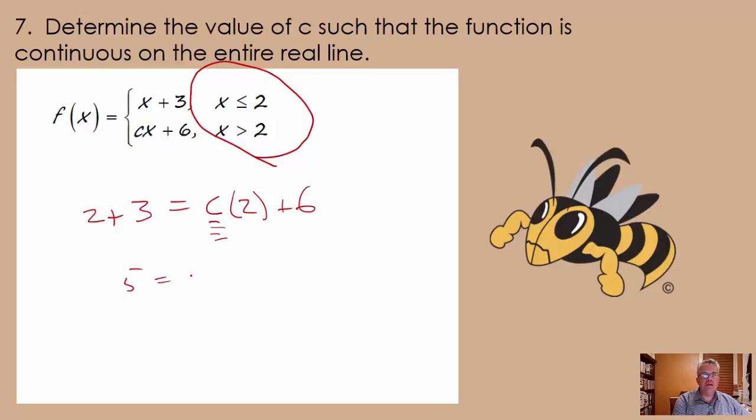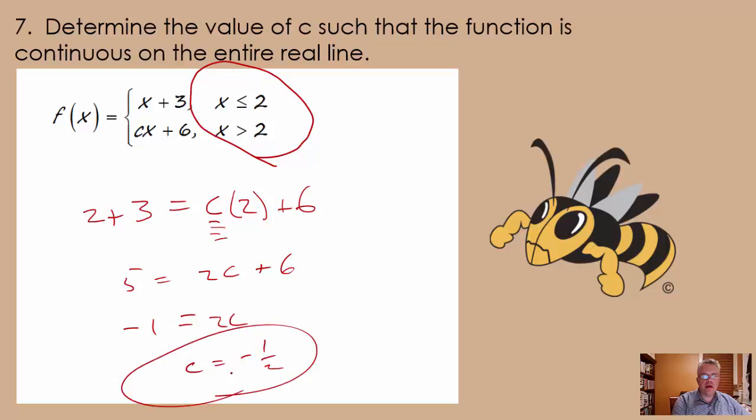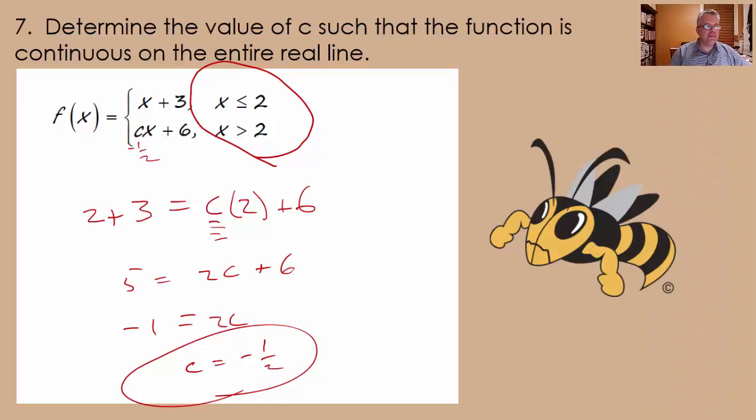This would be 5 equals 2c plus 6. If you subtract 6, we get negative 1 equals 2c, or c equals negative 1/2. So if c is equal to negative 1/2, these two pieces will have the same value at 2, and the graph will be continuous. And everybody will be happy.